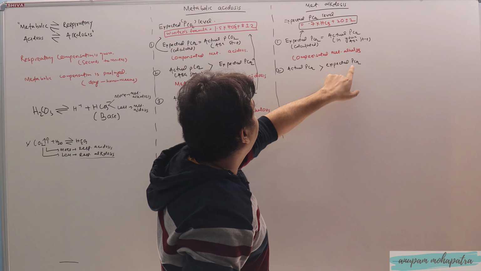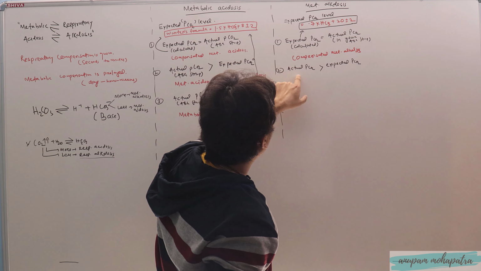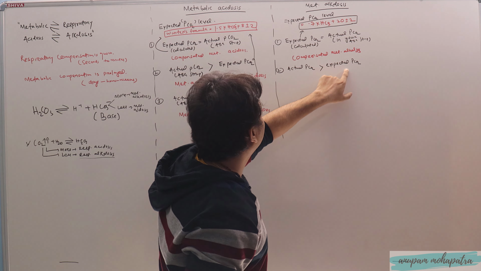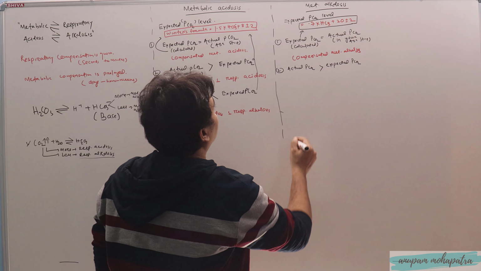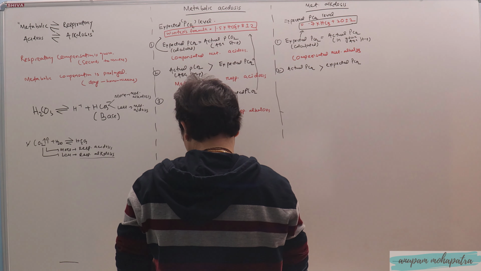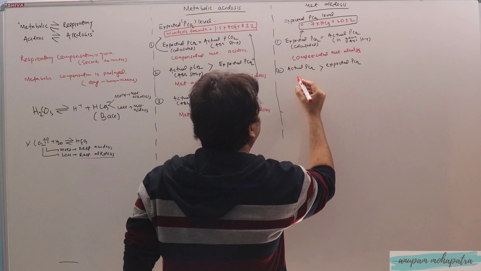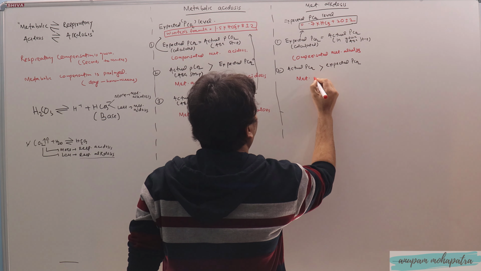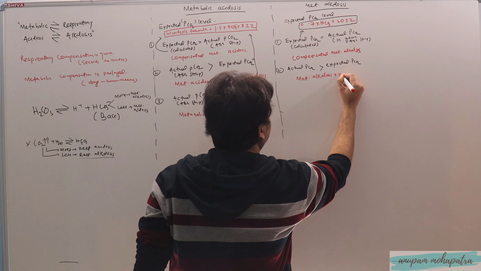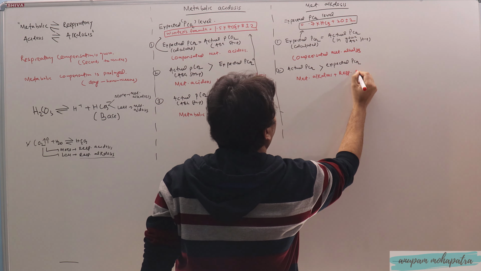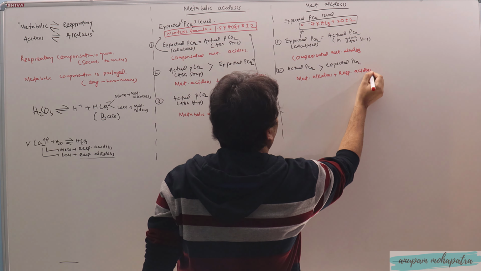Then we have an expected PCO2. If the actual PCO2 is more than the expected PCO2, that means the CO2 retention is more than what is required. So that means it is metabolic alkalosis plus respiratory acidosis, right?